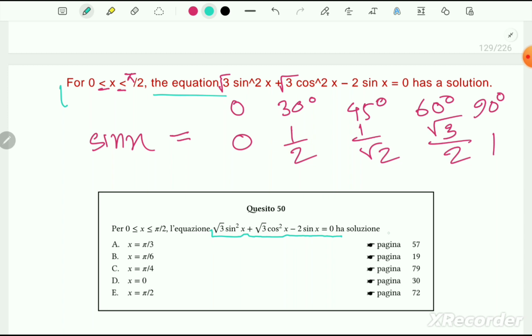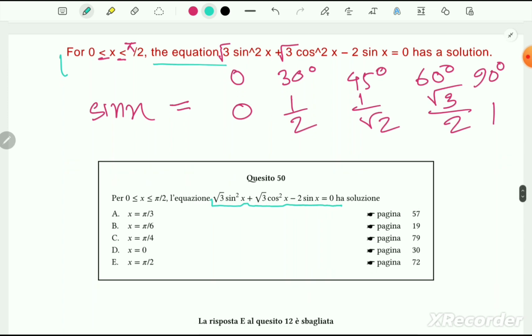That means it has a solution. It's very simple. We just input the values and calculate, then we'll get the correct answer.